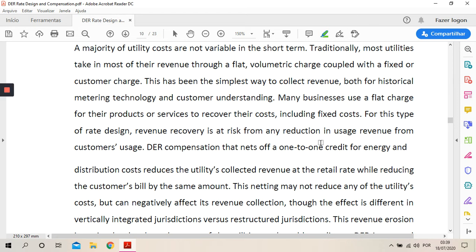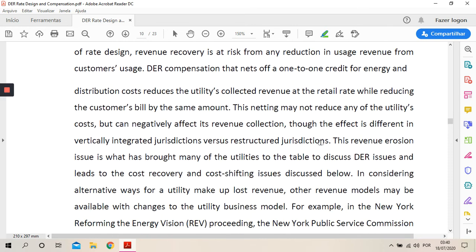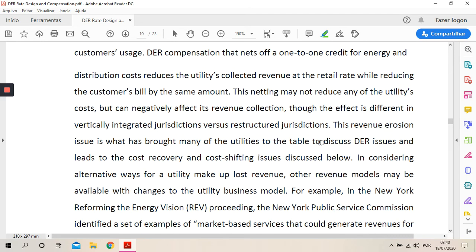For this type of rate design, revenue recovery is at risk from any reduction in usage by customers. Compensation that nets off a one-to-one credit for energy and distribution costs reduces the utility's collected revenue at the retail rate while reducing the customer's bill by the same amount.